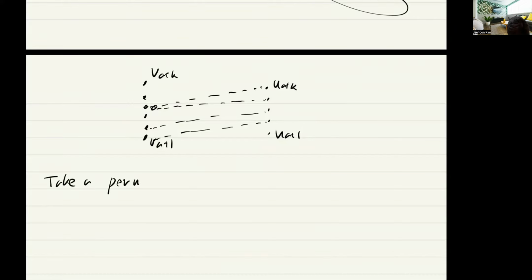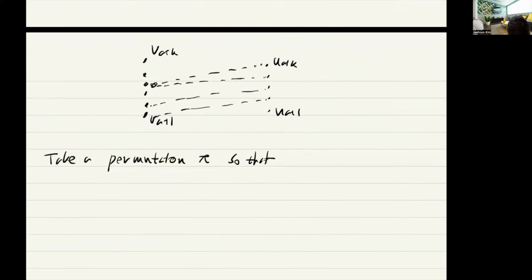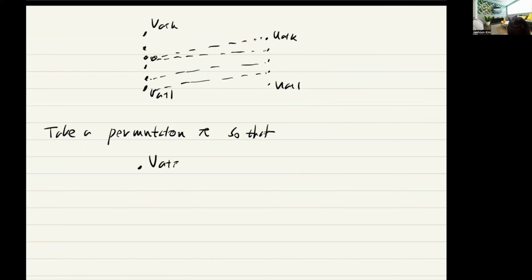Take a permutation pi, so that B A plus pi... So this one's not A, sorry, this one's B plus 1.